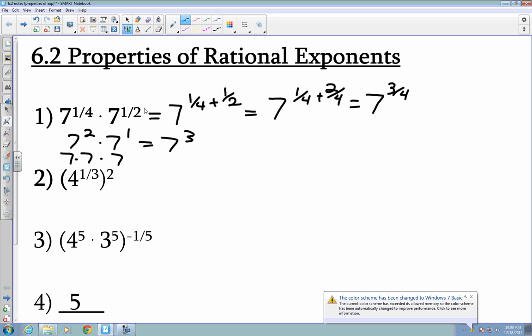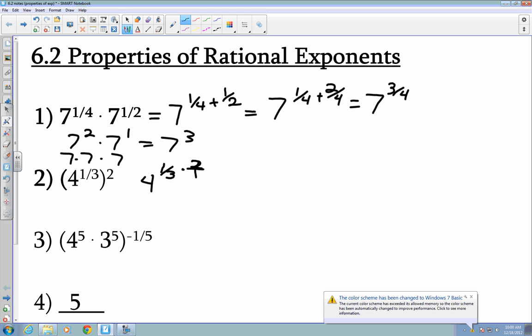I have 4 to the 1/3 squared. If I have a power to a power, what do I do? Multiply the exponents. That's the same thing as we did with integers, only when I multiply fractions, if it's an integer, I put it over 1 and I multiply across the top.